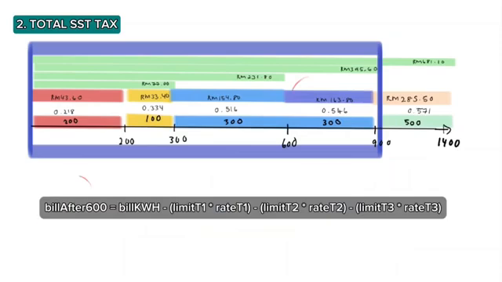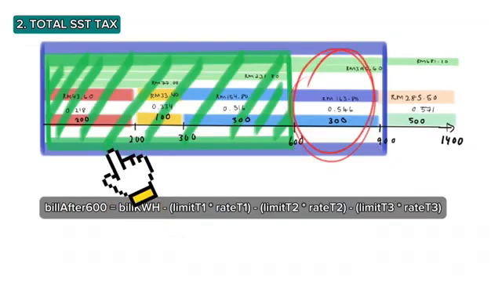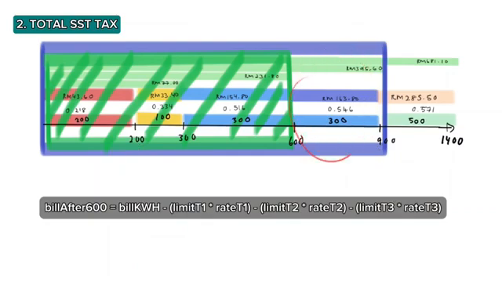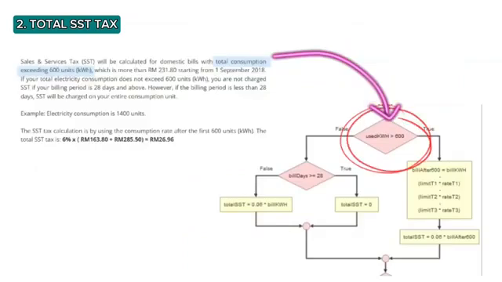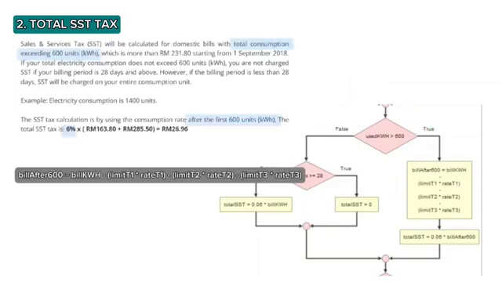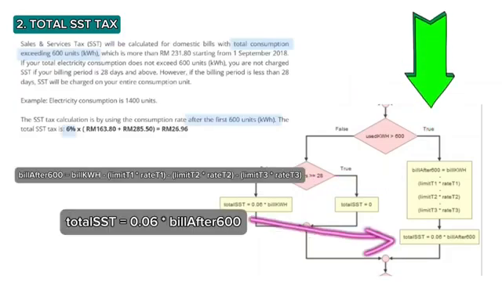To get the bill after the first 600, we just have to take the total electricity bill for 900, which is represented by the dark blue box, and then we deduct it with the green box, which is the price of the first 600, that is limit tier 1 times rate tier 1 plus limit tier 2 times rate tier 2 plus limit tier 3 times rate tier 3. If exceed 600, we put in the diamond shape, and the calculation for the bill after 600 we put on the true side along with the working for the total SST.